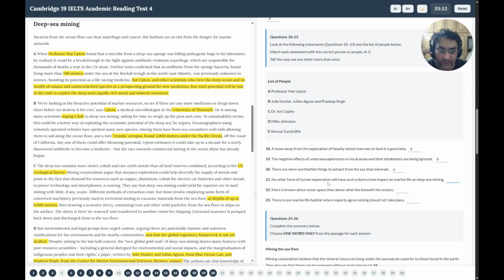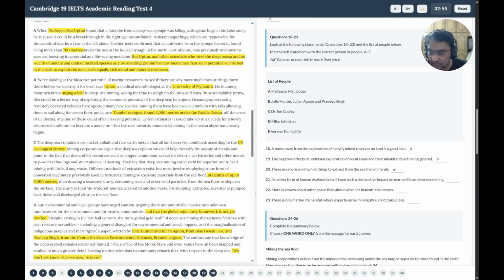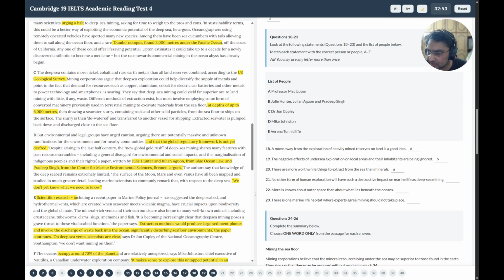No other form of human exploration will have such a destructive impact on marine life as deep sea mining. So I think Julie Hunter, maybe B is the right answer, because Julie Hunter stated social impact and the marginalization.